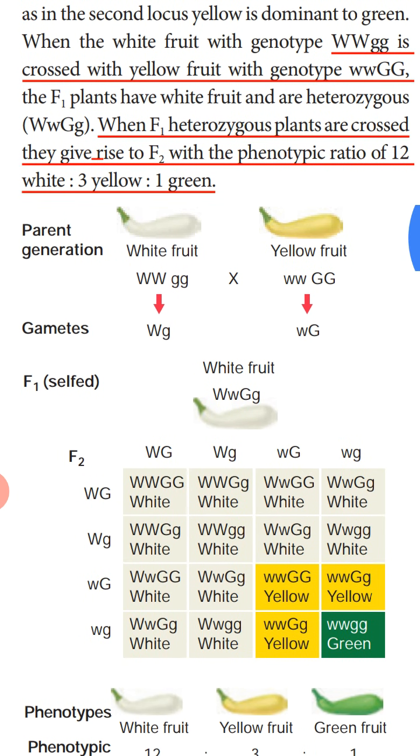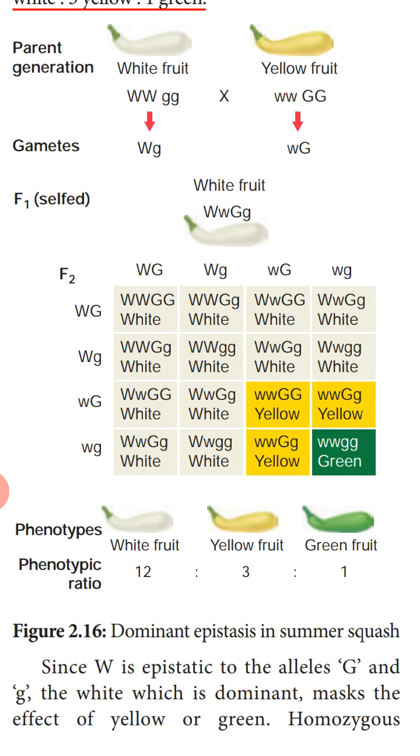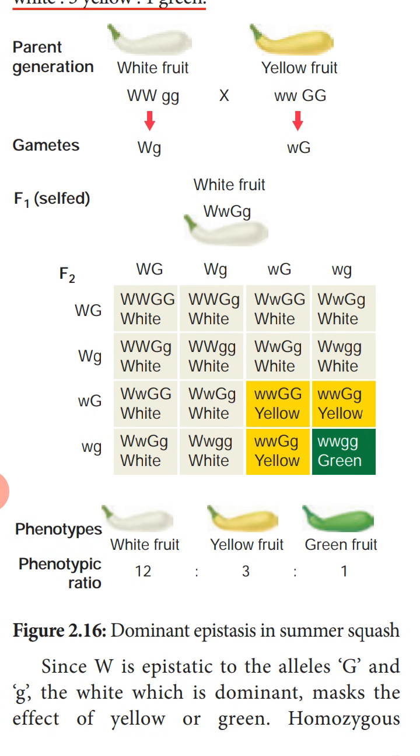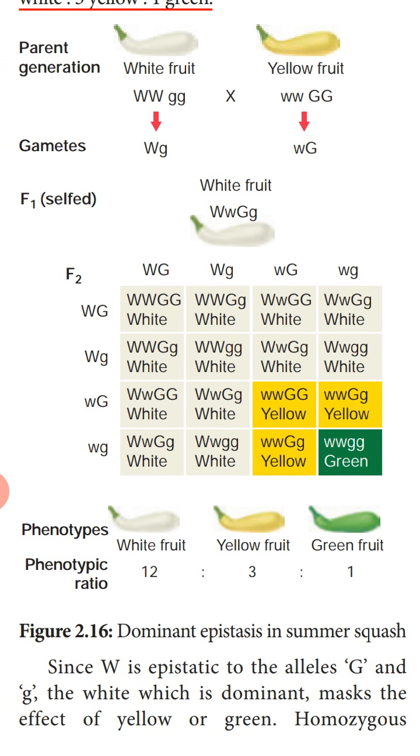So here you can understand with this cross. The parent plants are taken as white fruit and yellow fruit. White fruit is represented by capital W, small g, the genotype for the white fruit. Next, small w and capital G is the genotype for yellow fruit.